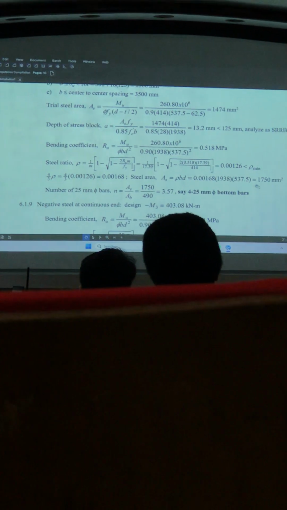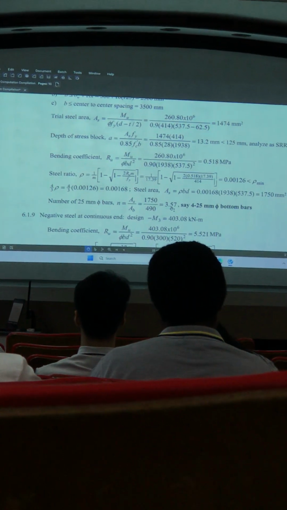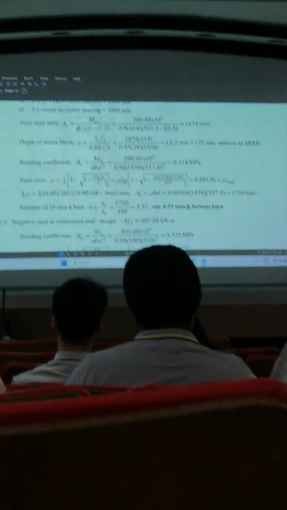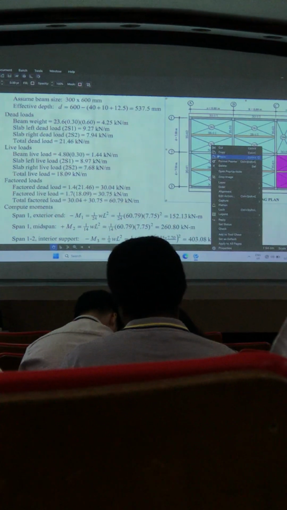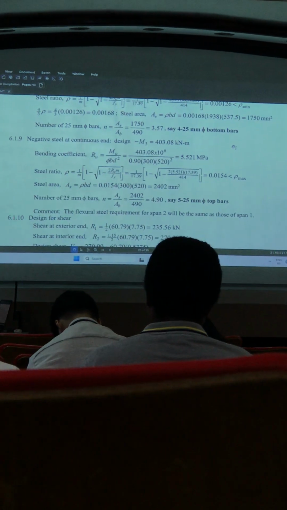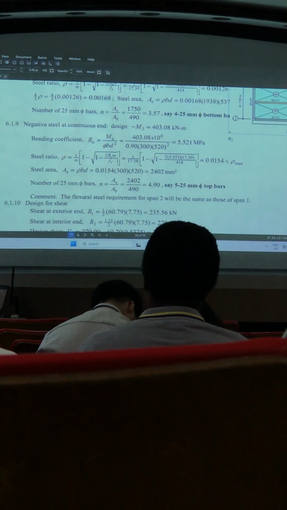So what is the required steel area, then we divide by the area of 25 mm diameter bar, 490.87, and we round off to 4 pieces of 25 mm diameter bars. Any questions? Any questions?